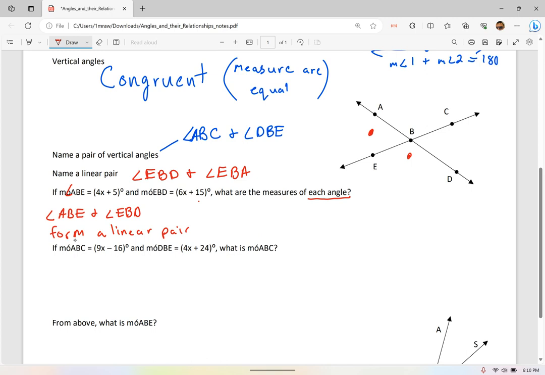So we can make the equation: 4x plus 5 plus 6x plus 15 equals 180. Combine like terms and you get 10x plus 20 equals 180. Then do your two-step equations, and you should get x is equal to 16.